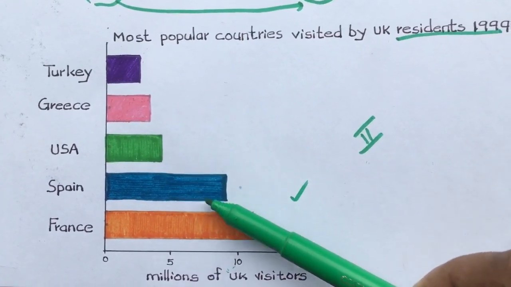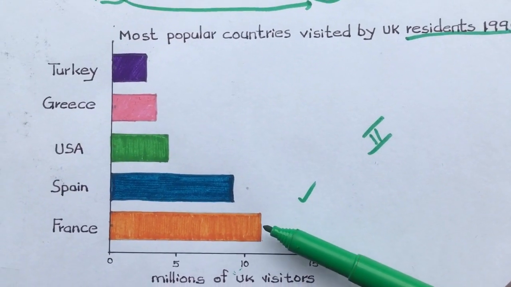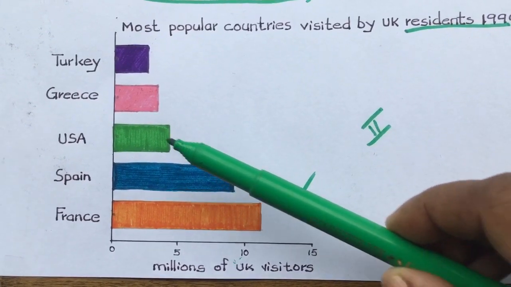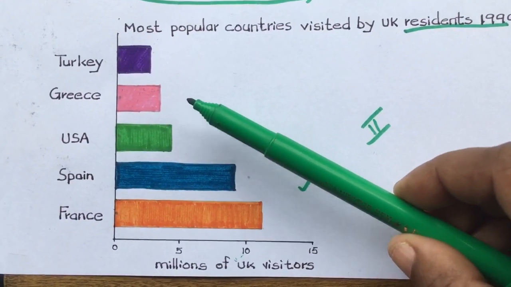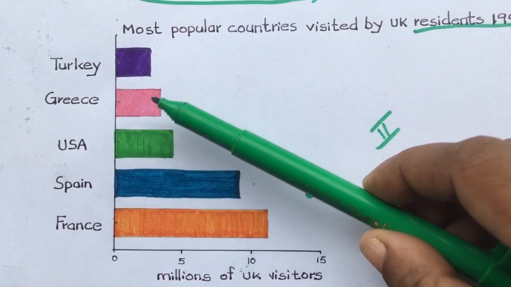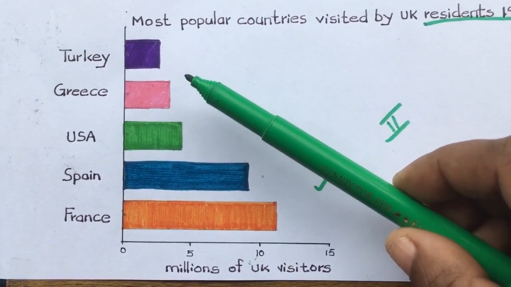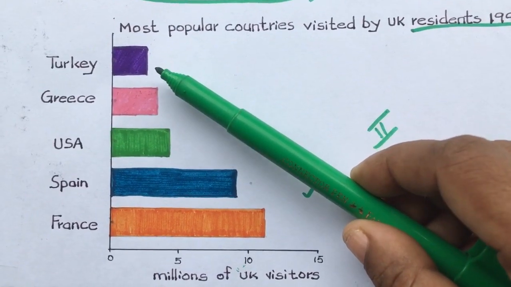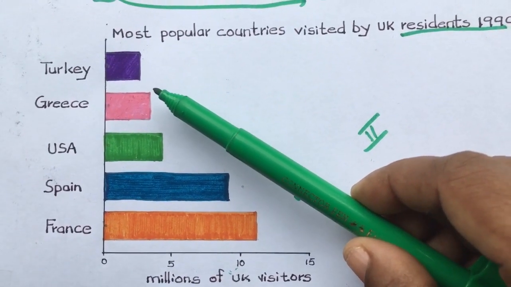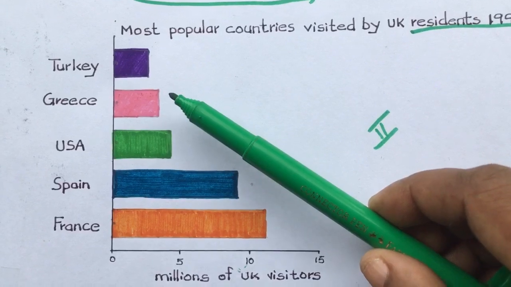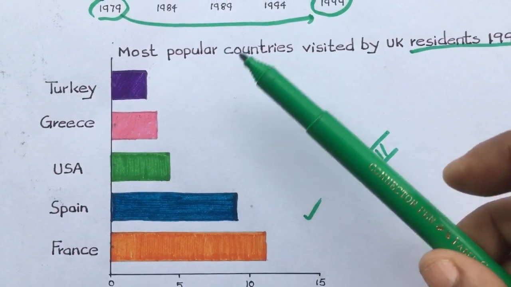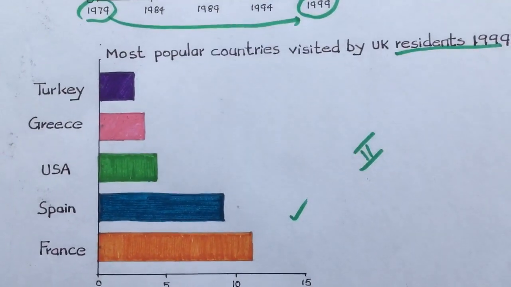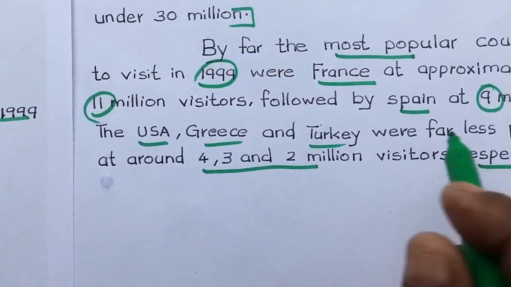So what I said is, France is the most popular, just behind that Spain, and these three were less popular. That means US, Greece and Turkey were far less popular, at around 4, 3 and 2 million visitors respectively. So when you write more numbers together, you can use the word respectively. That is going to give you a better score. So this is our conclusion.